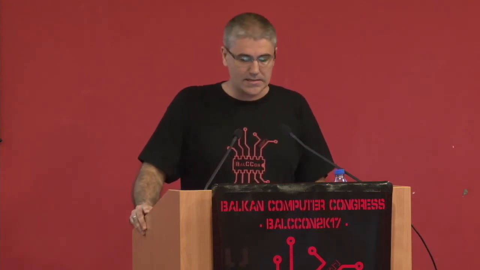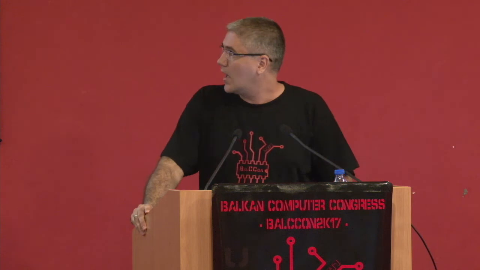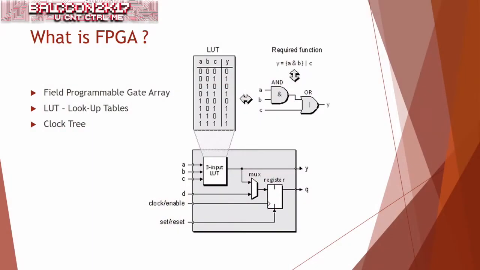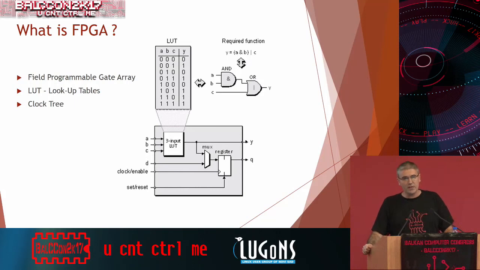Also, part of the FPGA is a clock tree. The clock tree is one important thing because you need the clock signal to be deployed to all the D flip-flops inside your FPGA. In most designs, you're doing everything or most things under one or at least a few clocks.